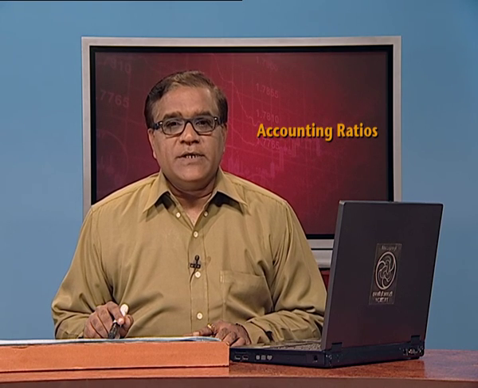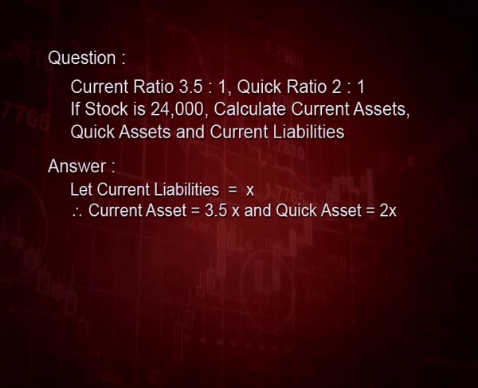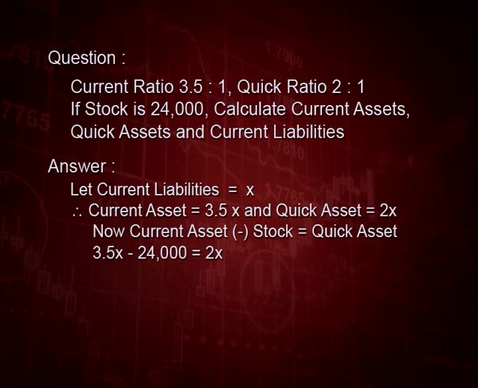Let us assume current liability as x, which makes current asset as 3.5x and quick asset as 2x. Now, current asset minus stock is equal to quick asset, that you know. So, current asset is 3.5x minus stock 24,000 is equal to 2x, which makes 1.5x equal to 24,000 and x will be equal to 16,000.